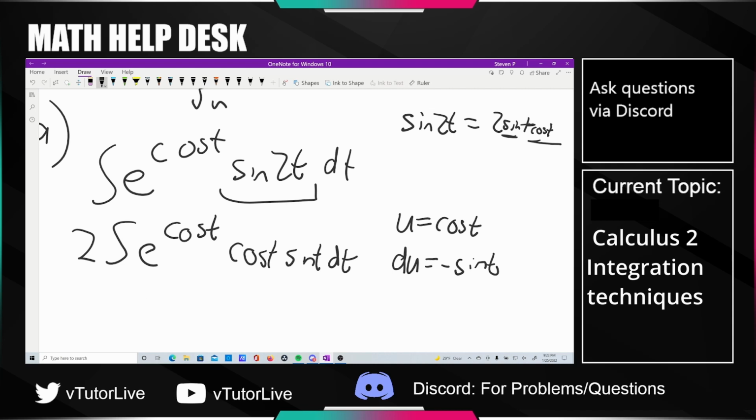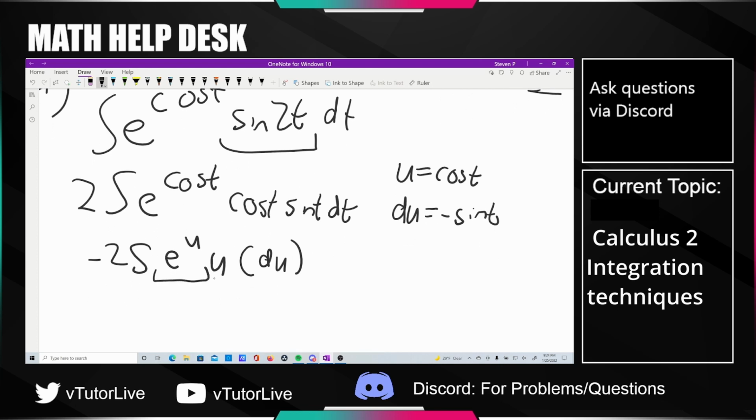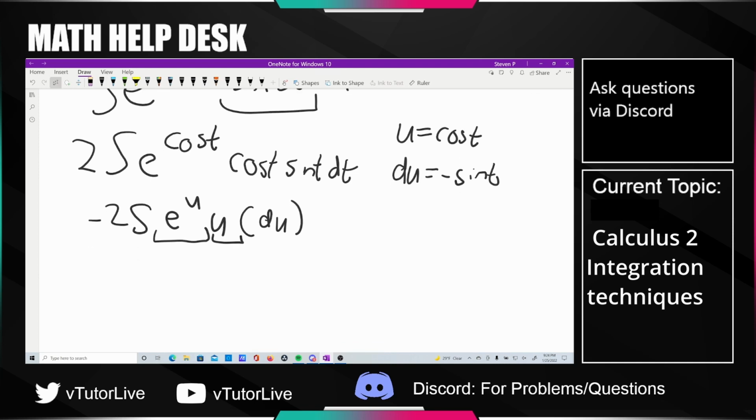So if we try to rewrite this as best we can, that's e to the u times, I'll move the minus sign out front, that's just a du. And this isn't quite perfect. It's not easy to solve immediately, but at this point, it should scream for you to use another trick. Do you know what that trick is? If you're watching at home, integration by parts? Exactly, integration by parts.